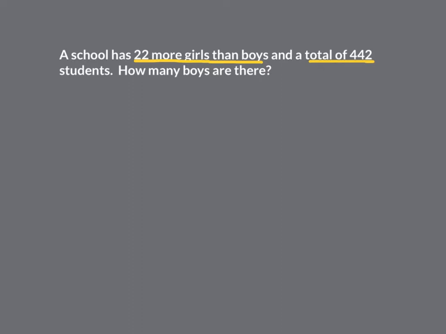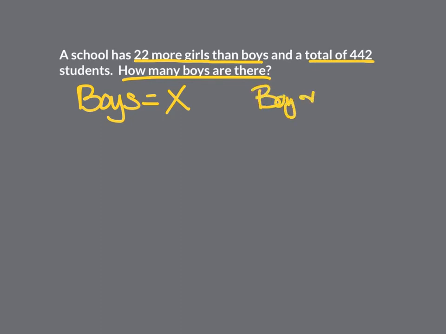So our unknown, how many boys? So boys is going to be our variable x. And we know that our total boys and girls equals 442.